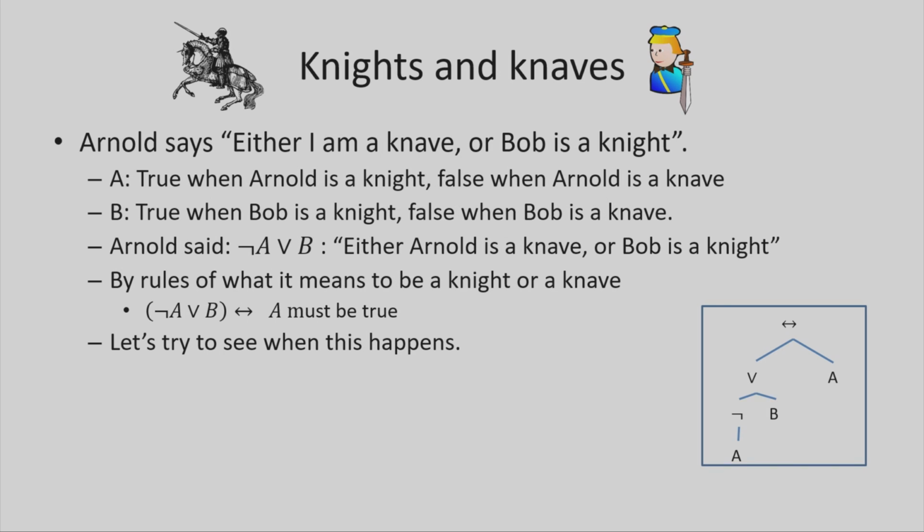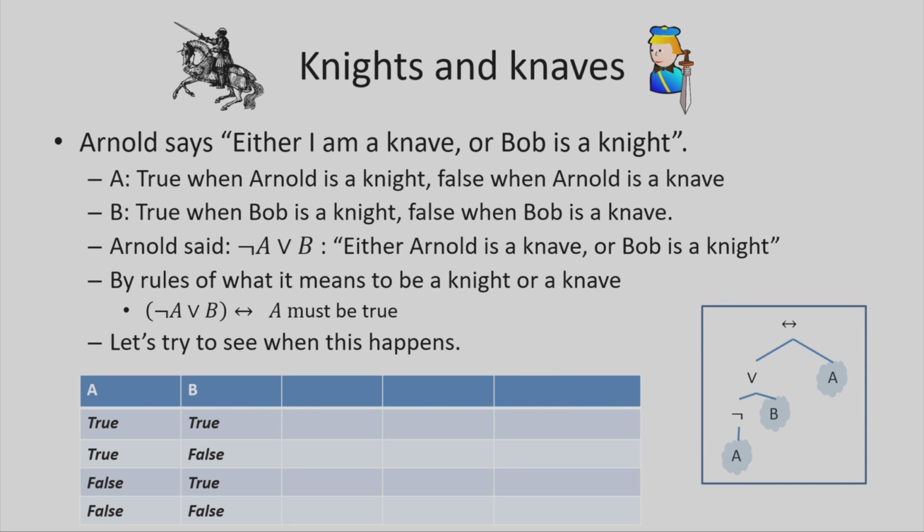Let's first write the syntax tree for this big formula. So if and only if, two things. One of them is that either Arnold is not a knight or Bob is a knight. And the second part is that Arnold is a knight. So let's solve it like this.